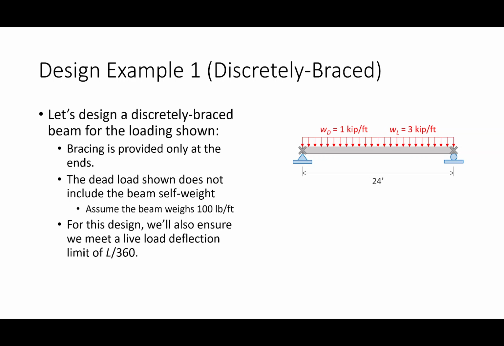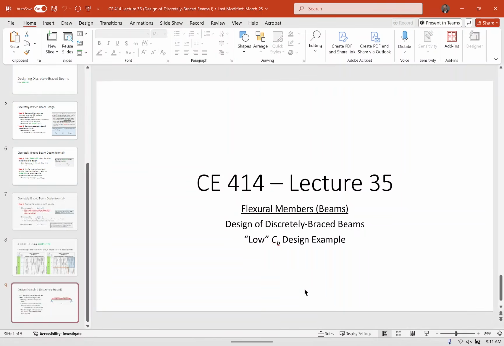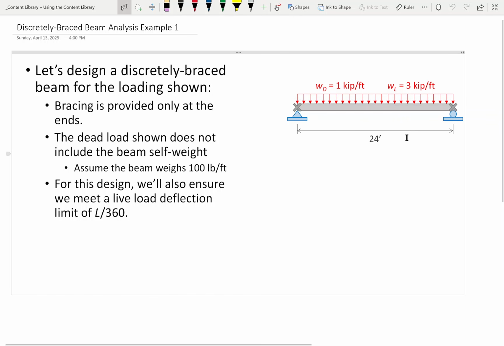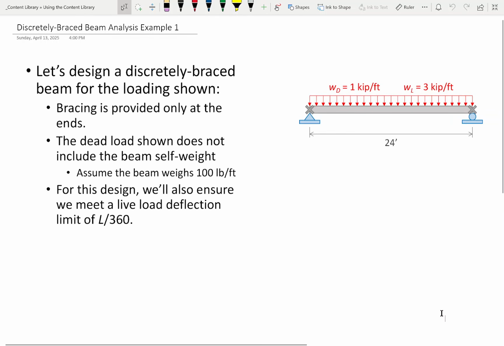We're going to do the following problem, and we're going to design a discretely braced beam as shown. Let me pull up the notebook here. This is going to be our goal for today. A little bit bigger. Okay, bless you.